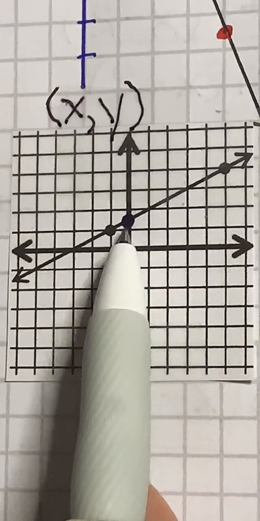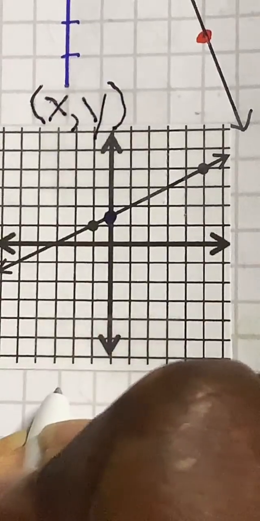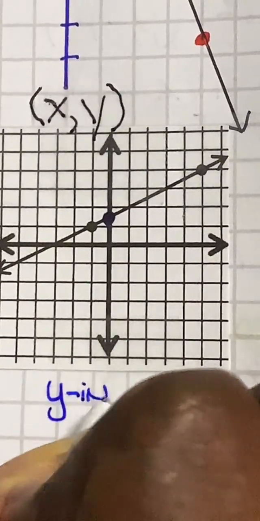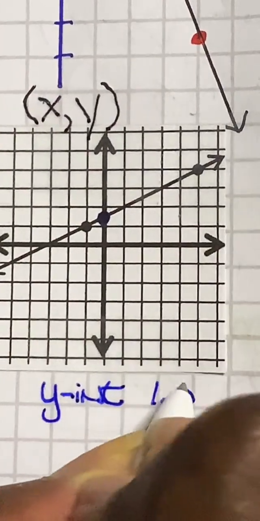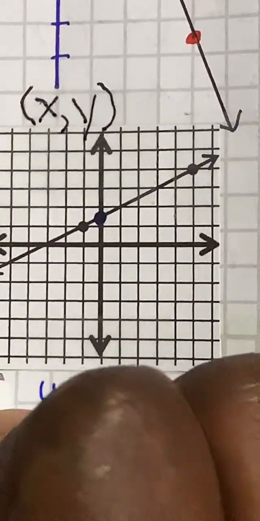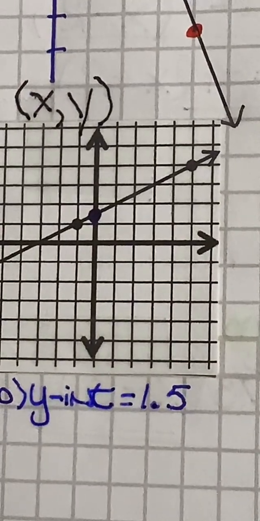So it's in between 1 and 2. If that's the case, our y-intercept is going to be 1.5. Okay, so that's our y-intercept, aka our b. And that's y equals mx plus b.